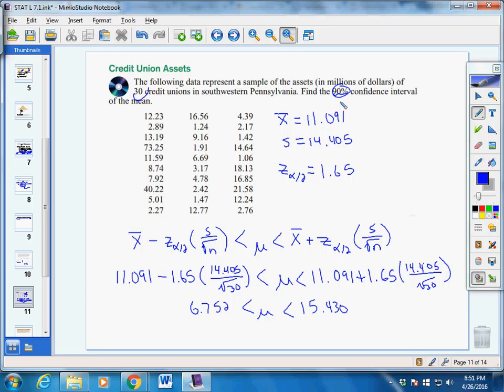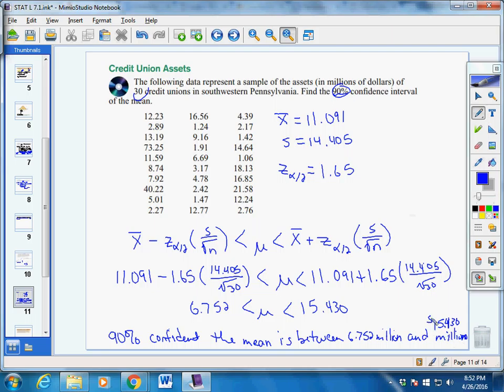So what does this mean? We can be 90% confident the mean of the assets is between 6.752, which was in millions, so 6.752 million, and 15.430 million.